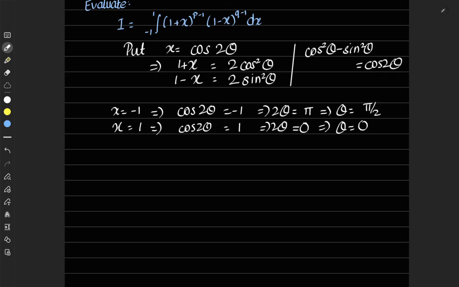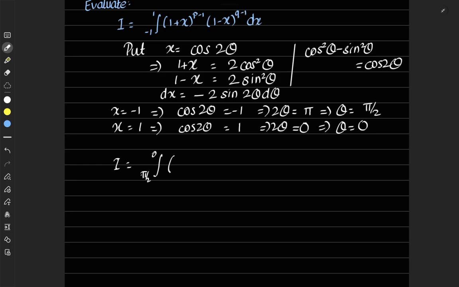Also if we check the value of dx, we'll have minus 2 sine 2 theta d theta. So substituting all these values in our integral I, we get the integral from pi by 2 to 0.